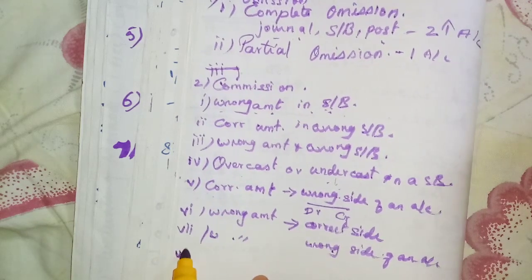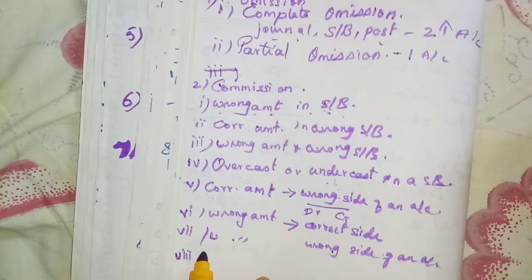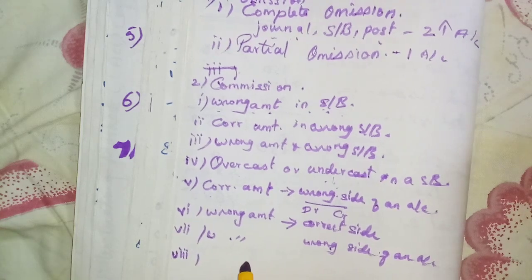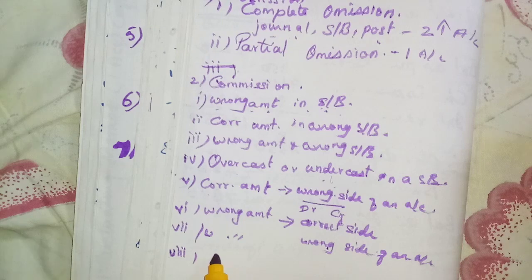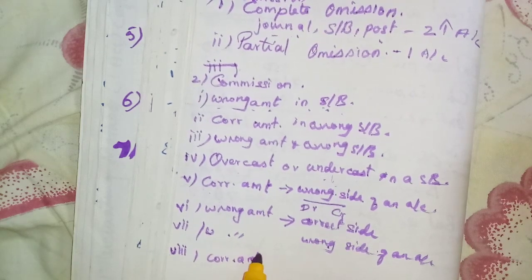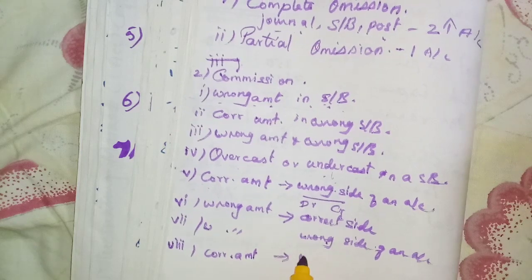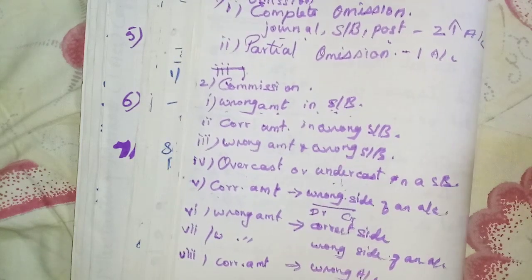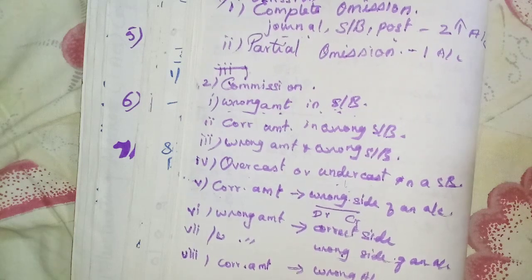Then the next possibility: they write the correct amount, but in a wrong account. In many ways they can make errors, isn't it?